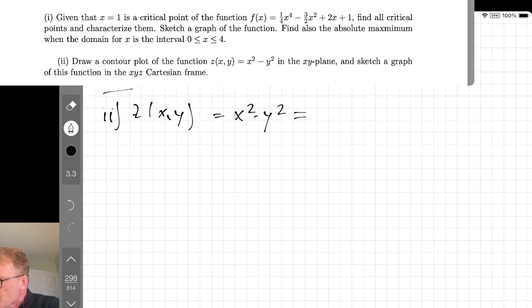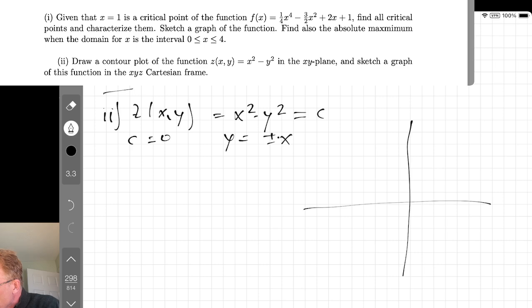We want contours, so that's C. So then you take a couple of convenient C's. So C is 0, gives us y is plus or minus x. So then you know plus or minus x is this and this. And then let's take C is 1. For C is 1, what do we get?